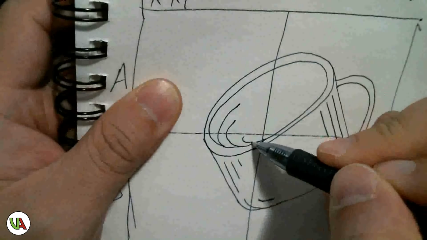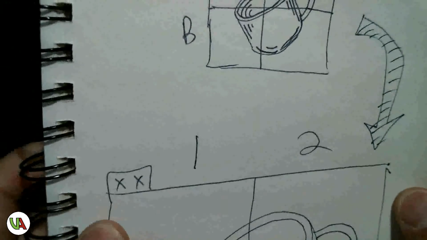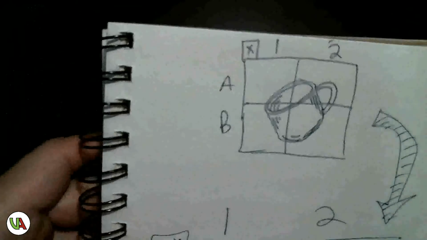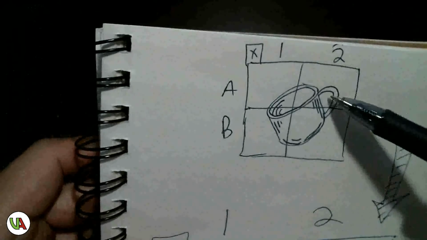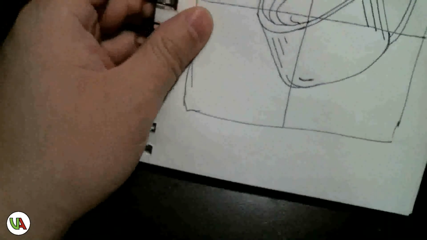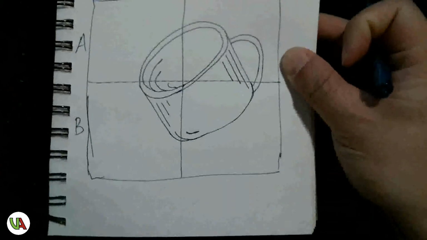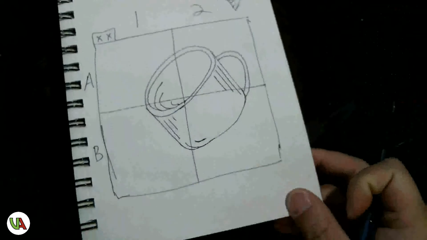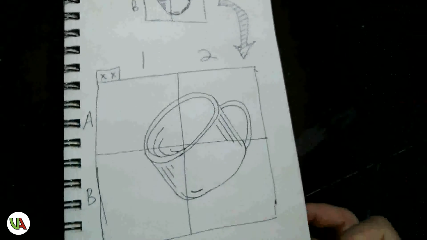Third one. I mean, it's not going to be perfect, but as you can see there, that's the small version and the big version. So there you go. Small cup, big cup, small cup, big cup.